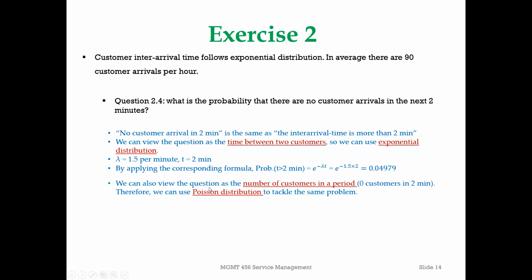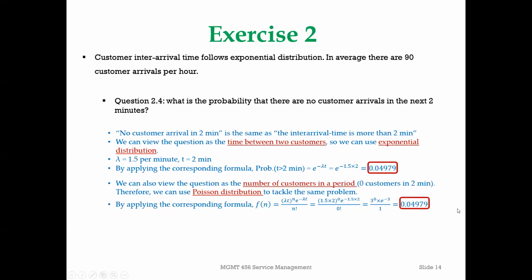By applying the formula, here zero customers, that's why n is equal to 0. Lambda, same, 1.5. T, same, 2 minutes. We do the math, you get 0.04979. So you can see these two numbers are the same.